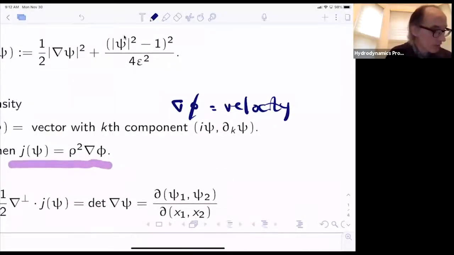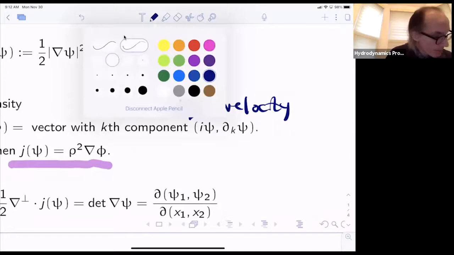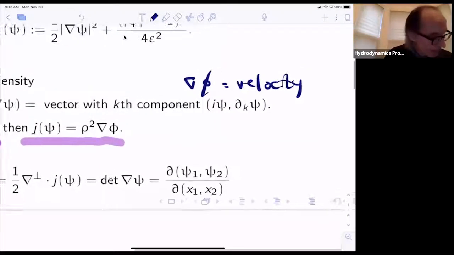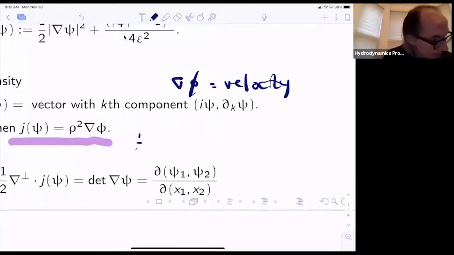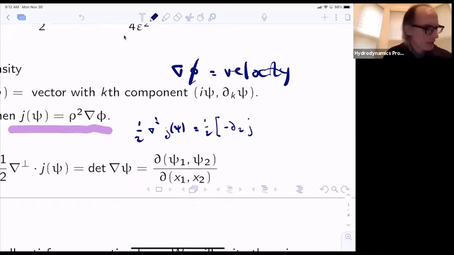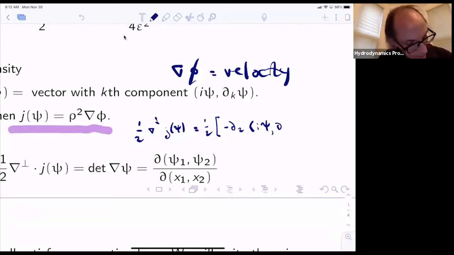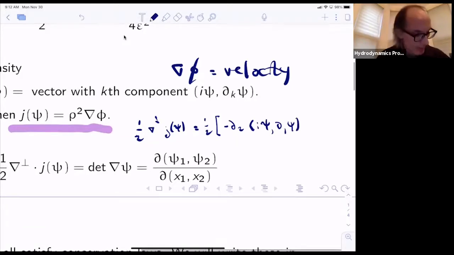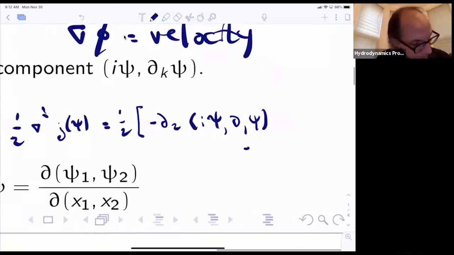That's one half of this, minus the d2 of the first component of j, which is i psi, d1 psi, plus d1 of the second component.